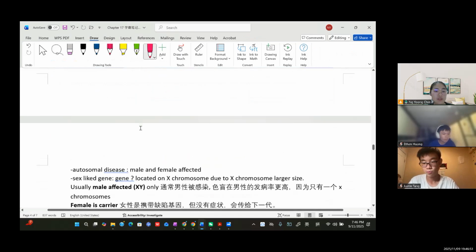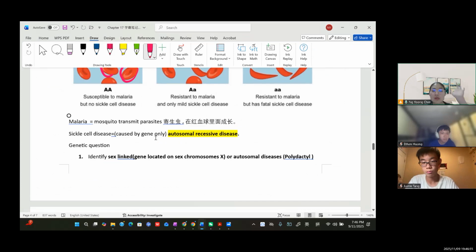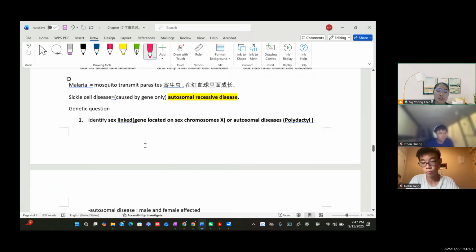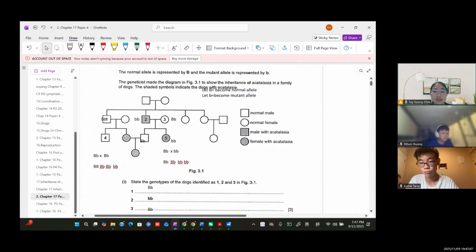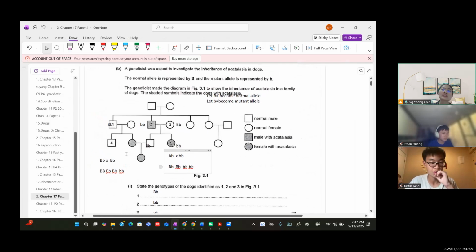Okay, and then for this one, genetic question. This is the exam, they will not ask you about this one, but I just want to show you this genetic question, because there are a lot of questions just asking about this.